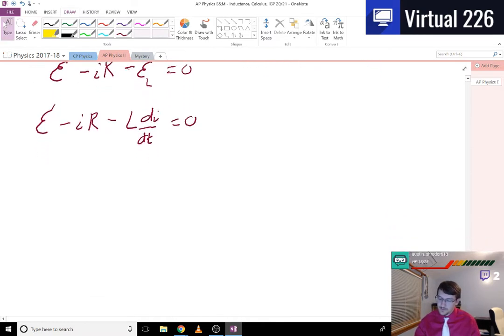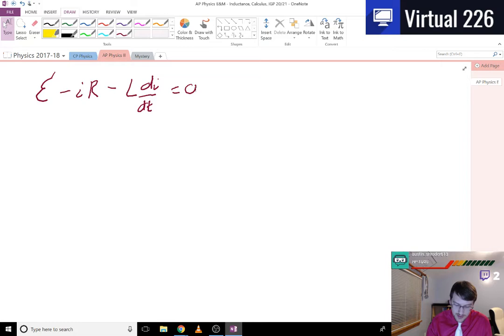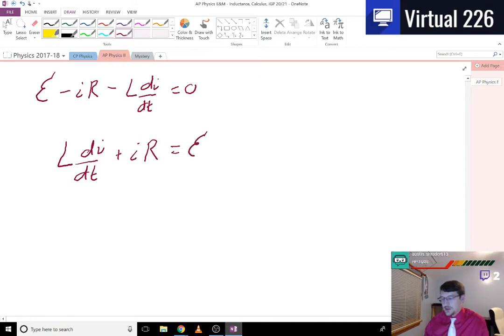I'm going to rewrite this just so that it reads L dI/dt plus IR equals epsilon, the EMF. I just shifted everything so everything's positive. This is our standard LR circuit equation.